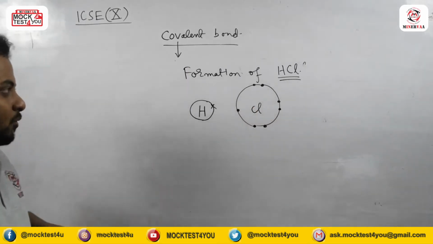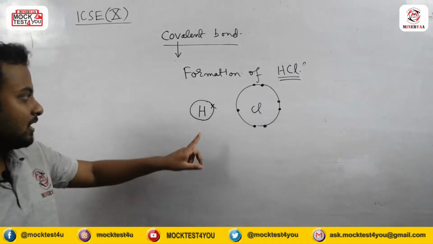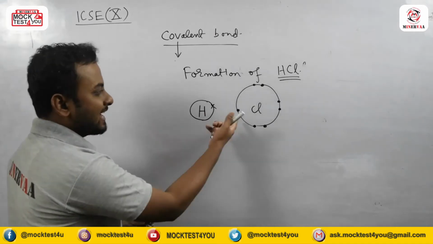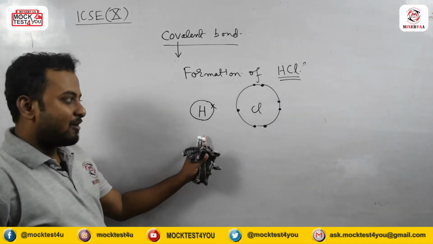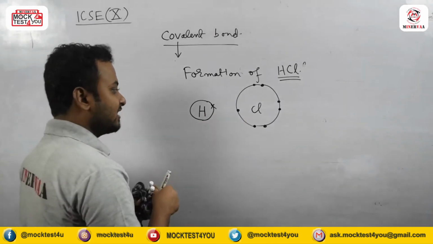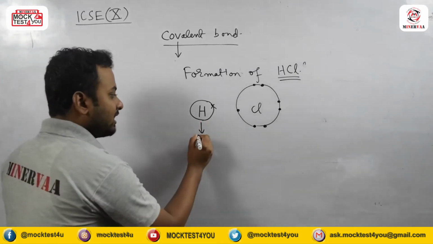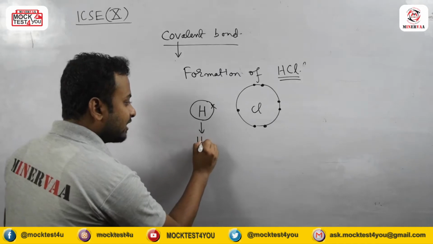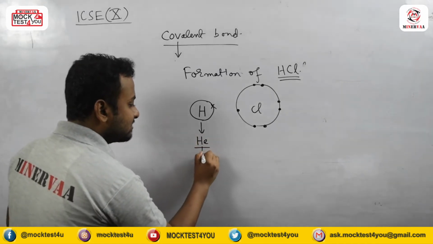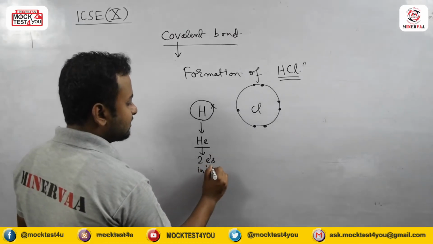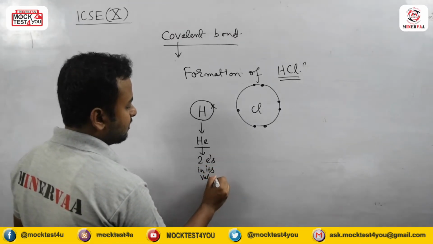What happens? Hydrogen has one electron, so hydrogen is saying to chlorine, if you give one electron to me, I will become stable. Only one electron is needed, because if it accepts one electron, it will have the electronic configuration of helium, which has two electrons in its valence shell.